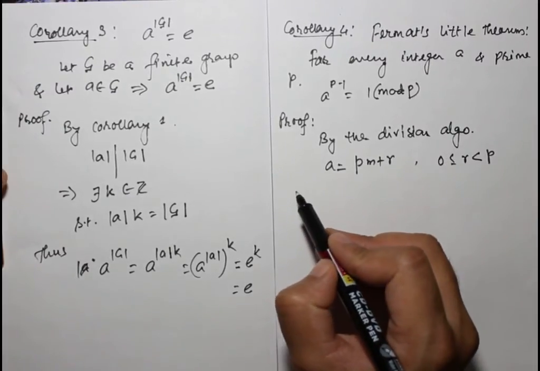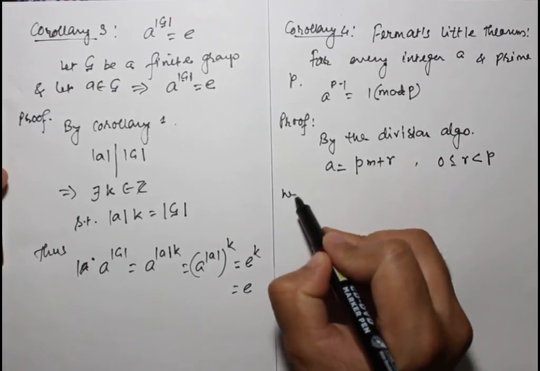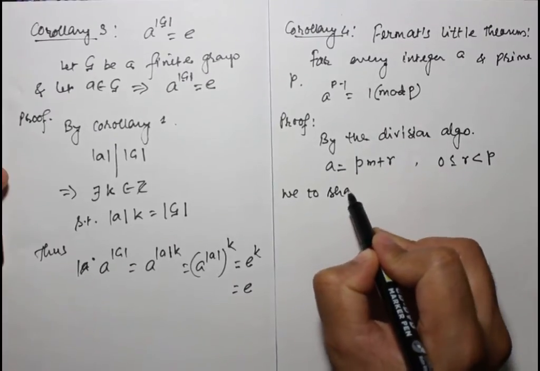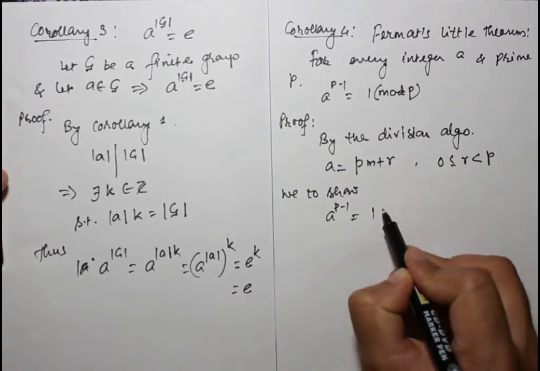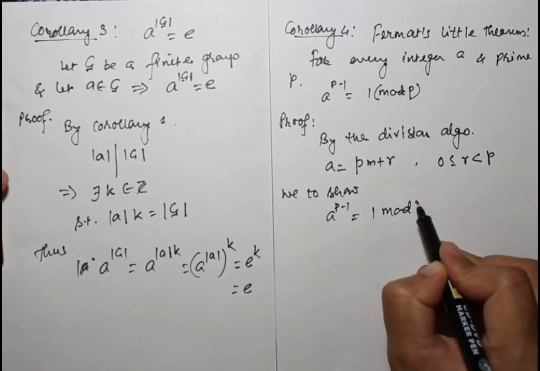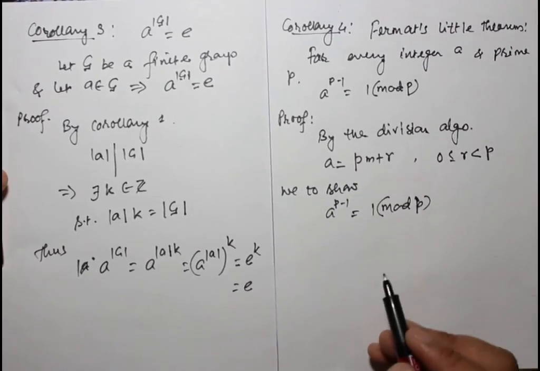Now we have to show a raised to P minus 1 equals to 1 modulo P. Okay.